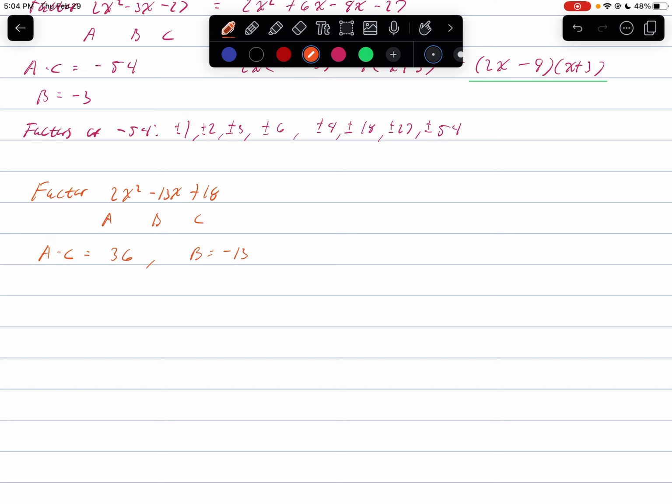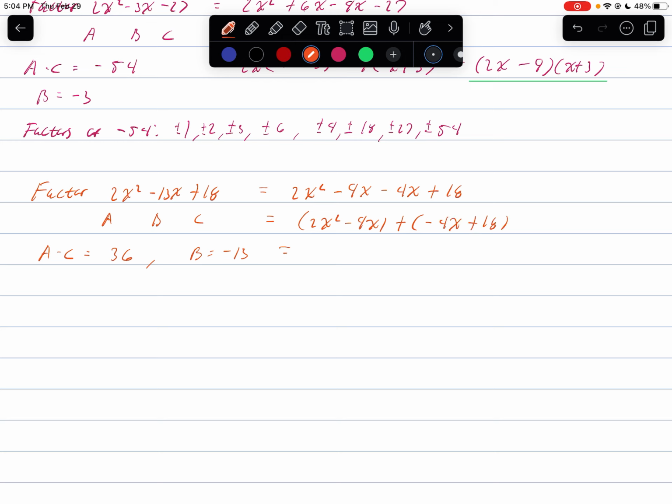So we can go ahead and rewrite this one as 2x squared minus 9x minus 4x plus 18. Okay, and we can rewrite this using parentheses here. We have 2x squared minus 9x plus negative 4x plus 18.